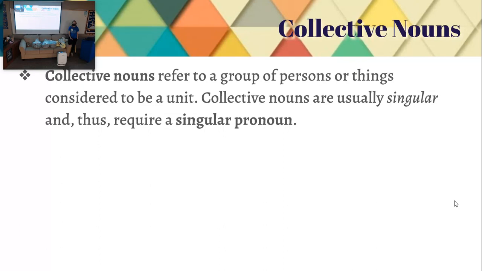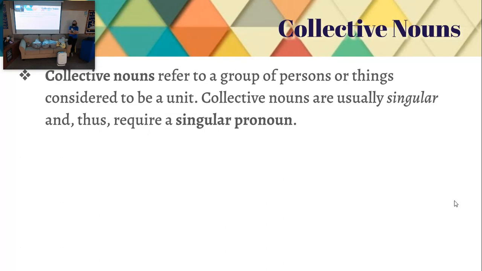Team. Class. Staff. Yeah, all the things. Band. All of those are collective nouns. Nice job. Collective nouns are usually singular in nature.